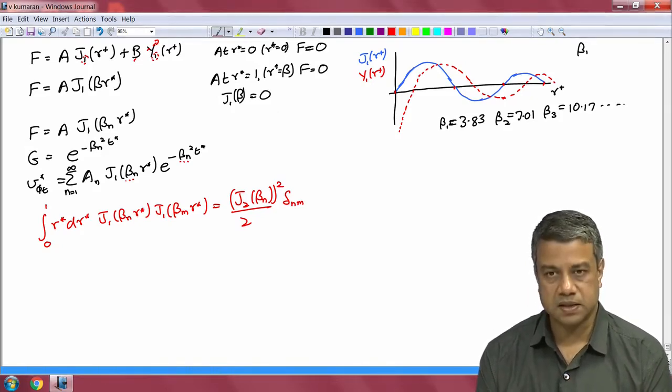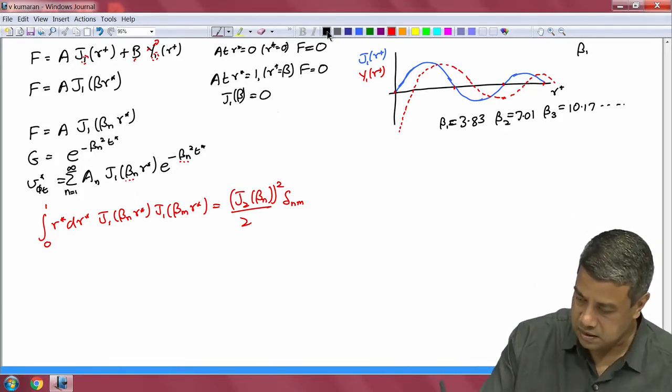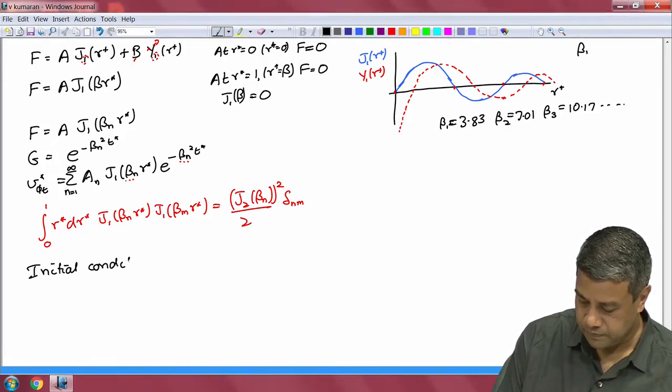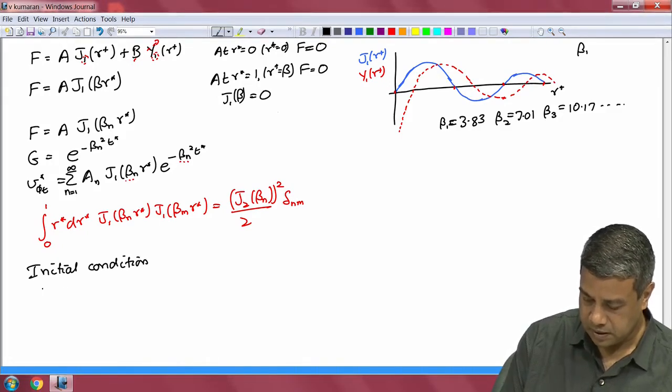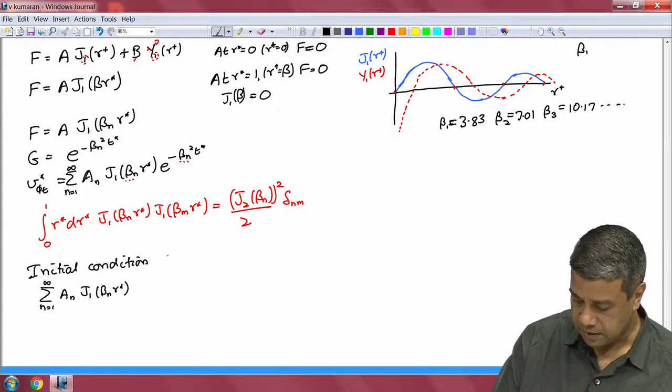So, this condition has to be used to determine the coefficients from the initial condition: sigma n equal to 1 to infinity a n J1 of beta n r star at t star equal to 0.